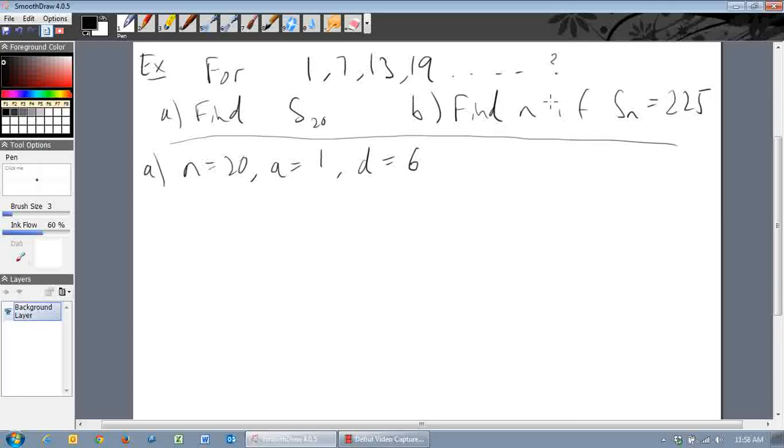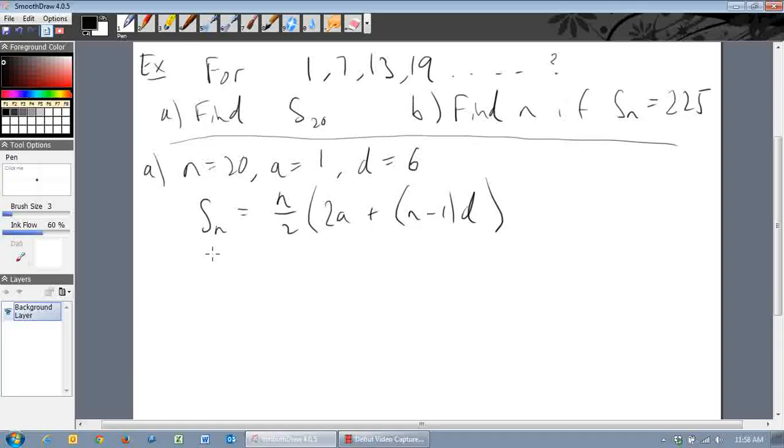So we need to use the first form. So what was that formula? The formula that we need is Sn equals n over 2 times 2a plus n minus 1 d. That's the form that we need to use here because we don't know the last term.